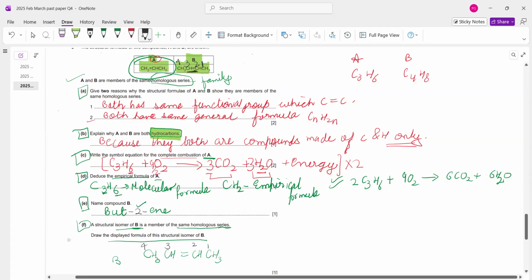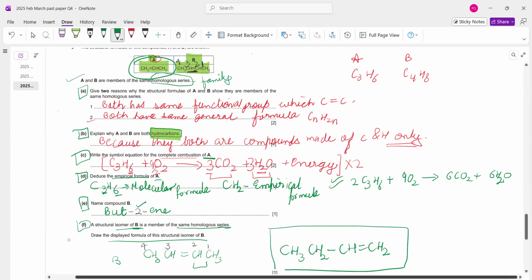For drawing its structural isomer, what we can do is change the location of the double bond. So let's make the double bond between carbon 1 and 2. So it will be CH3, CH2, CH double bond CH2. So this is the answer.